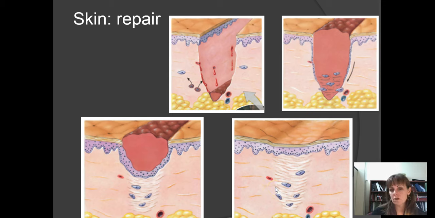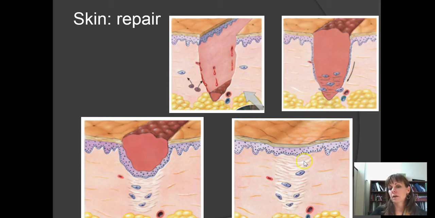The other thing you're going to notice is that generally the blood vessels are not going to be as dense in this repaired area. If you remember, oxygenated blood has hemoglobin, and hemoglobin bound to oxygen gives you that bright red color. And so with fewer blood vessels in this area, the color is not going to be as red, and that's why scars often have a different shade of skin to them.